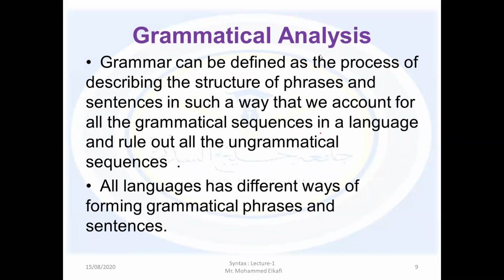When we say it's a process, that means we have some type of steps that we should follow in order to achieve something in grammar. So we can say it's a process of describing the structure of phrases and sentences.